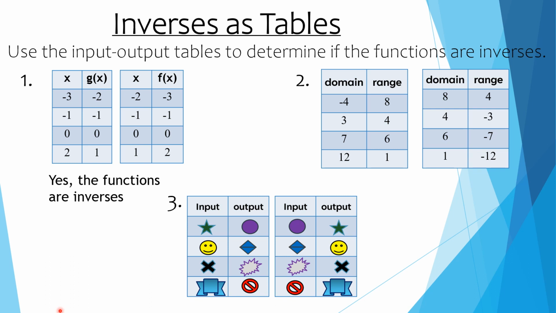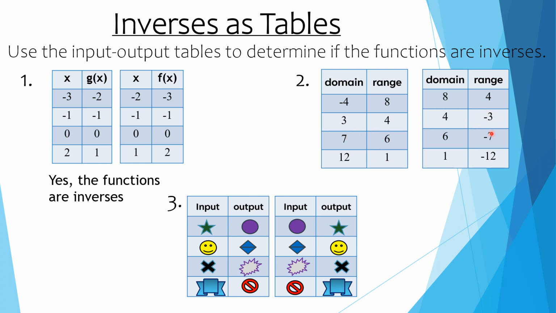Great. When we look at example 2, we're going to check the domain, the inputs or the x values, with the range on the other side, and the range of the original with the domain of its inverse. So our first ordered pair is -4, 8. Its inverse should be 8, -4, but they're missing the -4. So based upon that first point, it's not an inverse. All right, let's check the others. 3, 4 should be the point 4, 3.